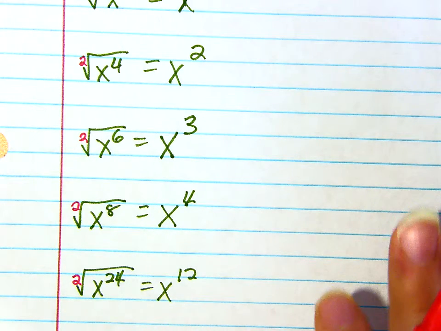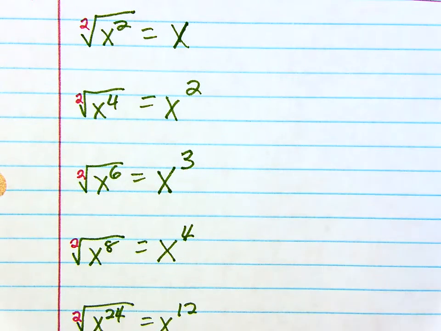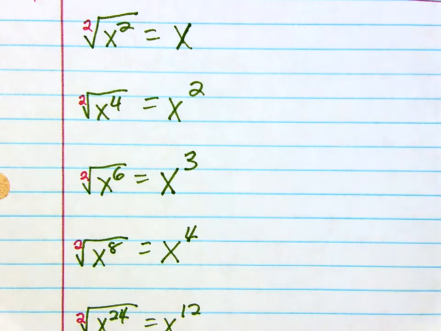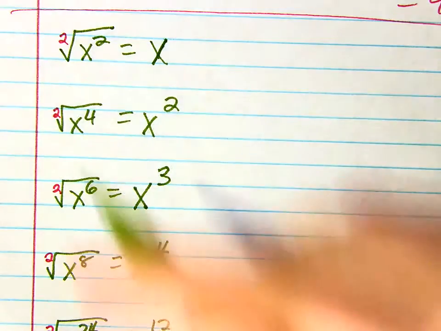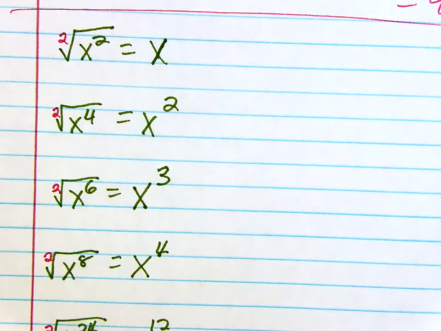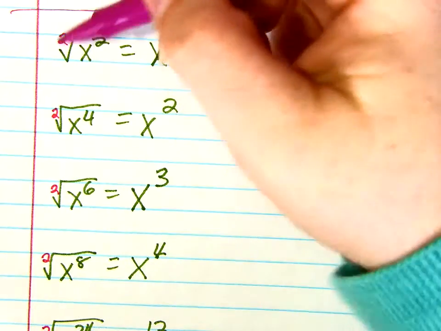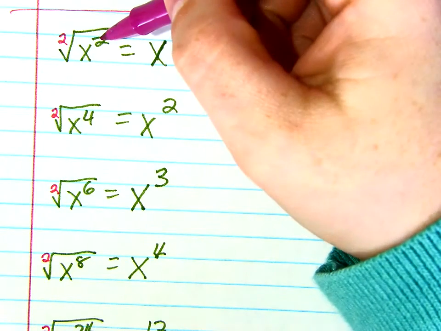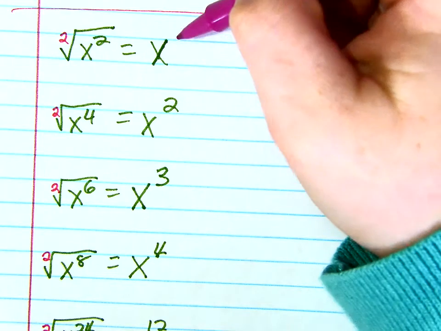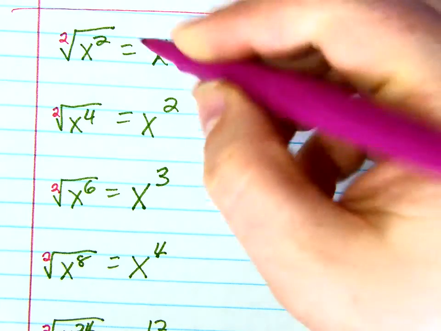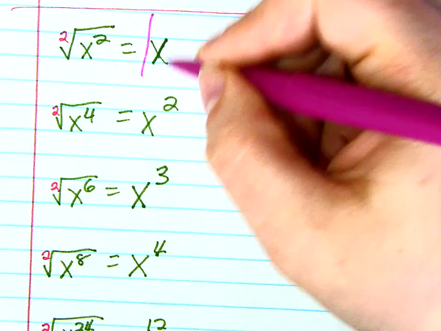We did talk yesterday about also when we need absolute value bars. When you need them, you follow the pattern. There's a little saying: even, even, odd. Here's what I'm checking. If the index is even and the exponent is even, but the exponent that came out is odd, that's when I need the absolute value bars.